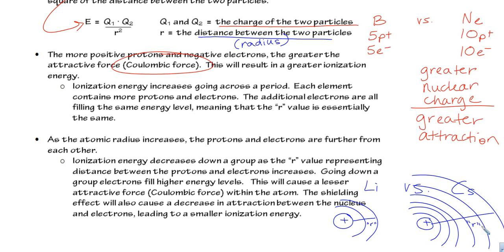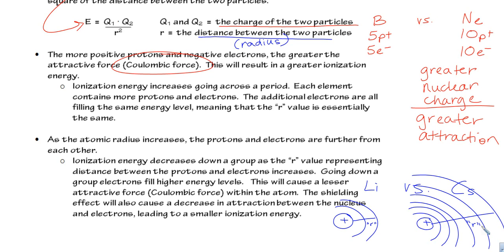All those inner electrons are going to block the attraction between the nucleus and that outer electron. So now look at this numerically, and it's in terms of this equation. As the denominator increases, as the radius increases, the value of E decreases.